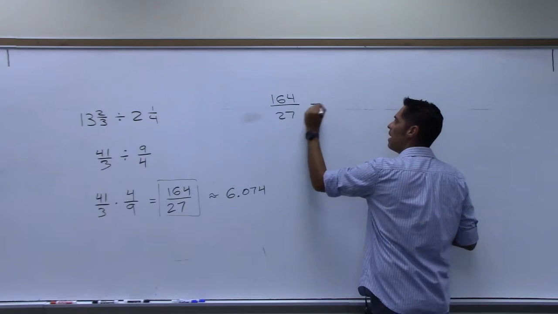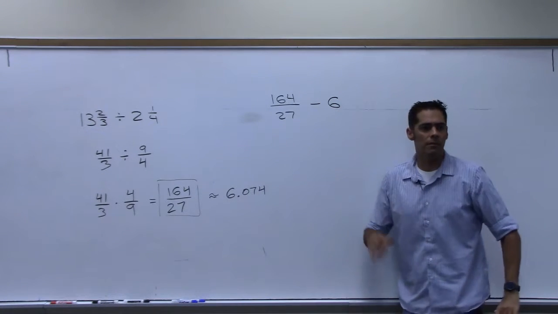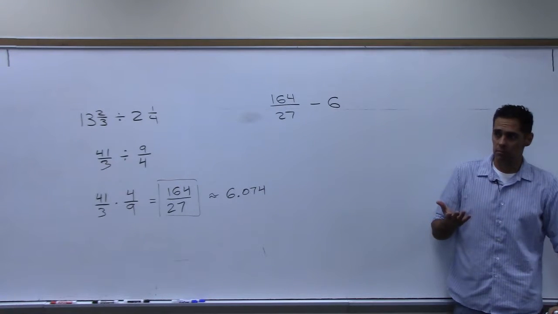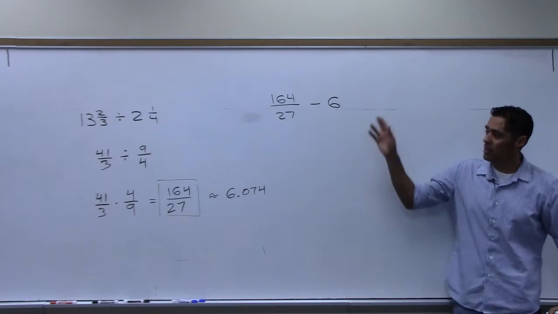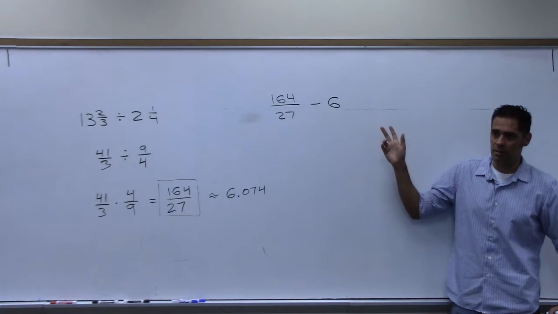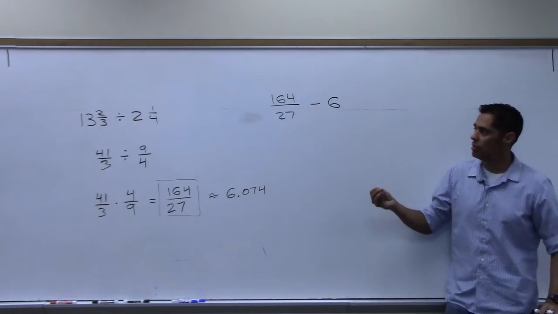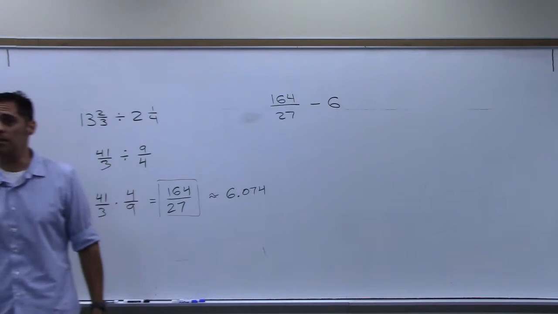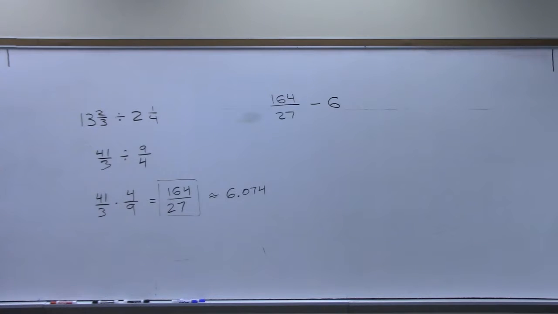I could say, take away 6, and that'll give me a fraction of how much is left. You would have to get a common denominator here and subtract, and that would be how much of a cupcake would be left over, but that's not what it's asking. What is it asking? How much mix is left over?